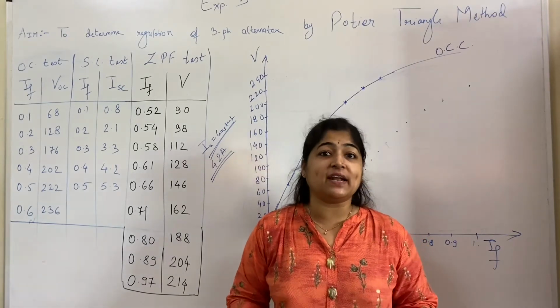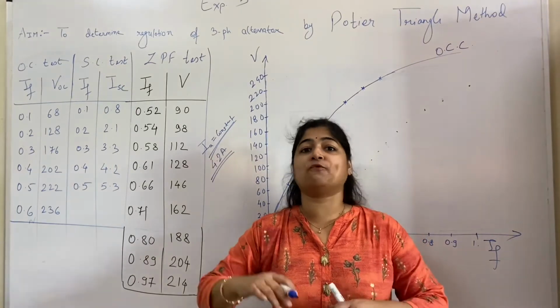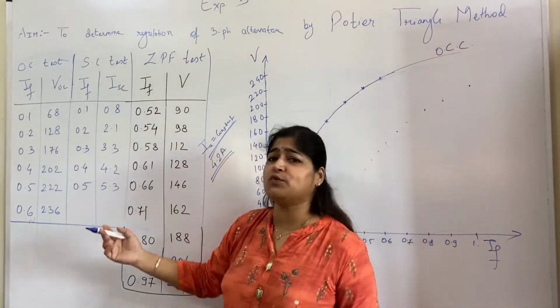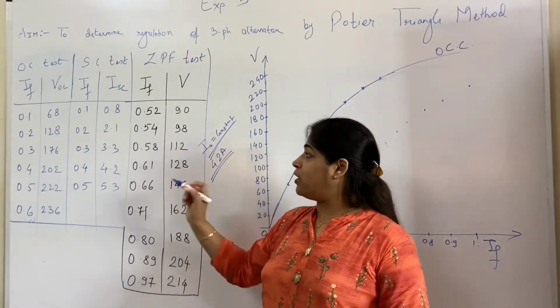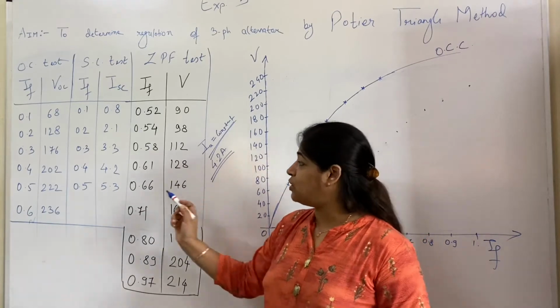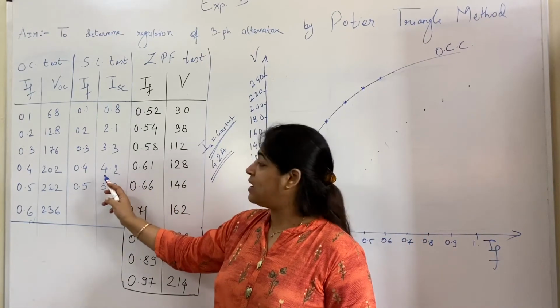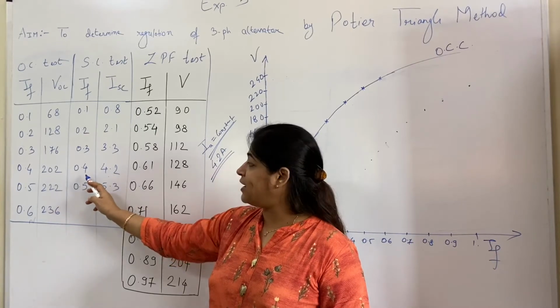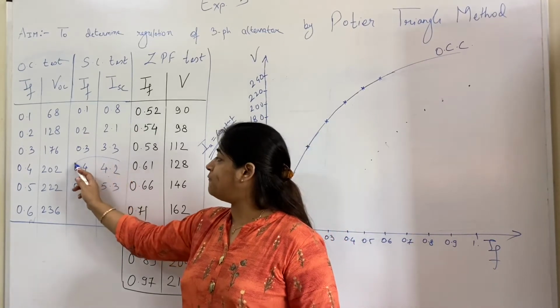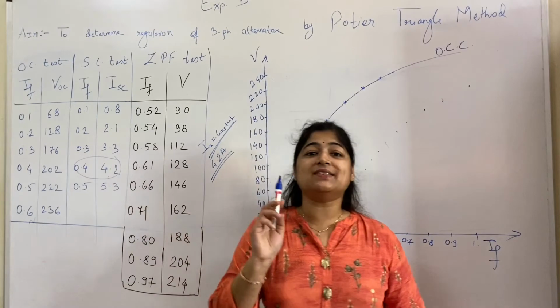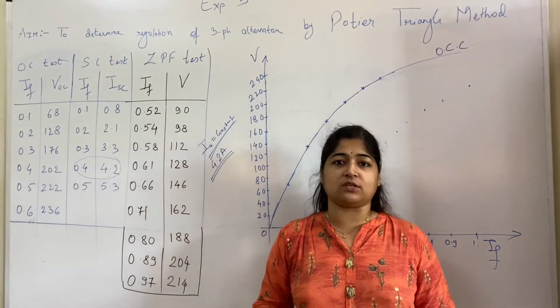So when did we connect zero load? We connected zero load for the short circuit test, because in the short circuit test we don't connect any load. So we will concentrate only on the reading where in the short circuit test you are getting 4.2 ampere. And for which value of IF? For 0.4 you are getting 4.2 ampere. Only this reading is important from the short circuit test.